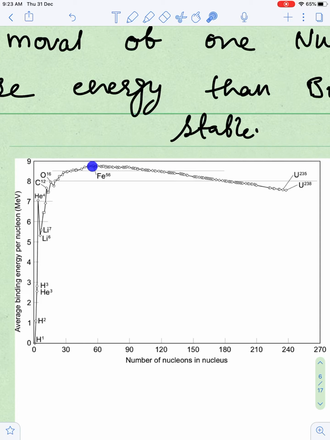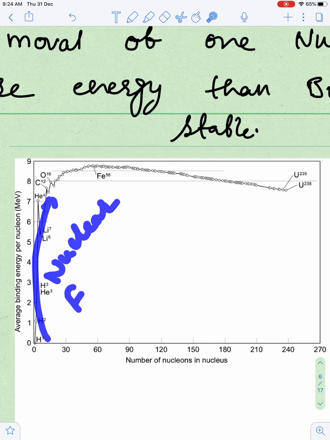If the atomic number is less than that of iron, the tendency of these smaller nuclei is to combine and obtain a stable configuration like Fe. Smaller nuclei combine together to become stable like iron nuclei, and that is why nuclear fusion takes place in this region.